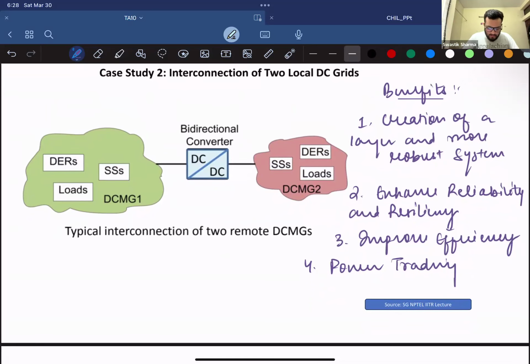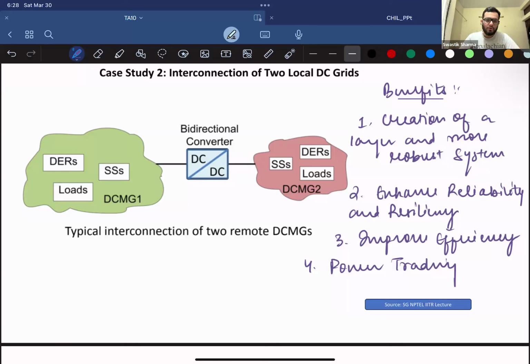Interconnecting two different DC microgrids could make sense, because usually you have DC microgrids at remote locations. If you have two remote locations in two different cities, and you have two independent microgrids there, you can just interconnect them using a bidirectional converter so that both of them can support each other when in need.